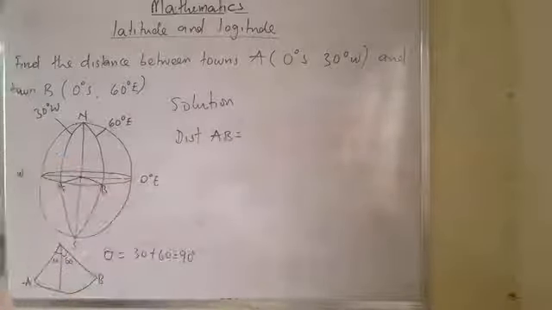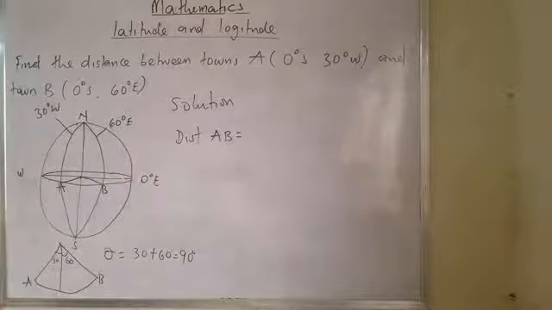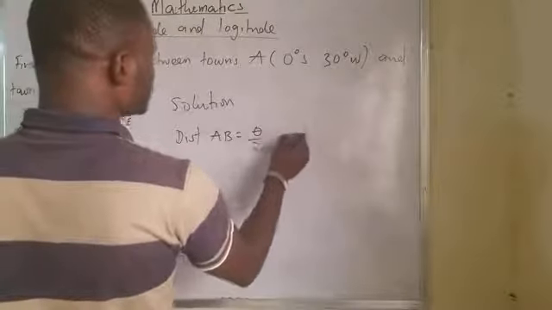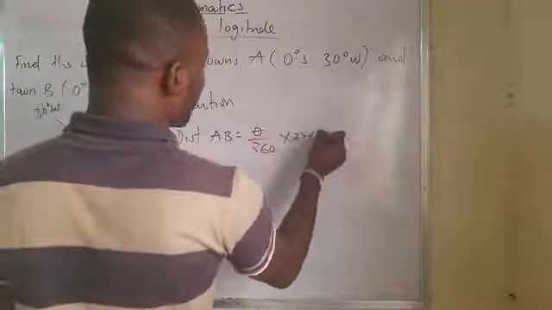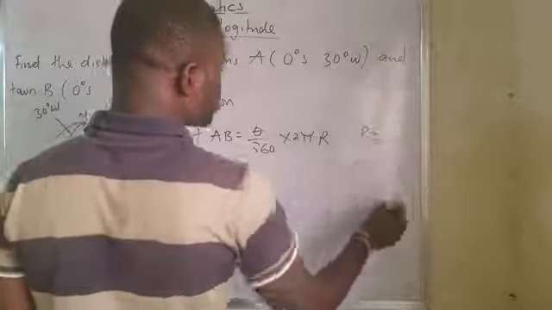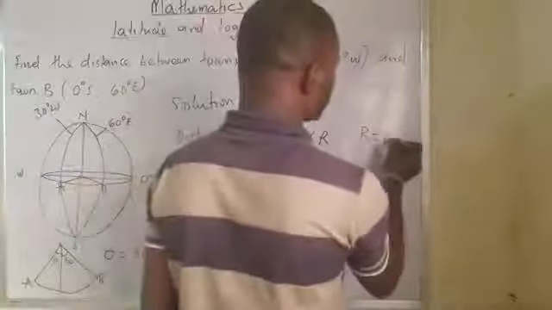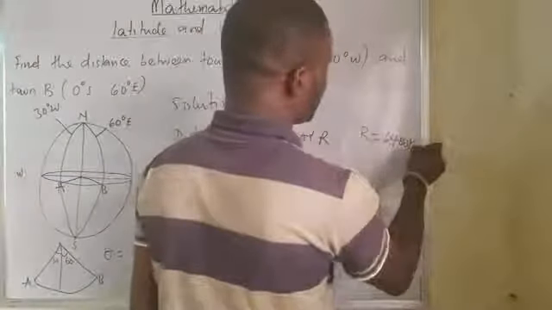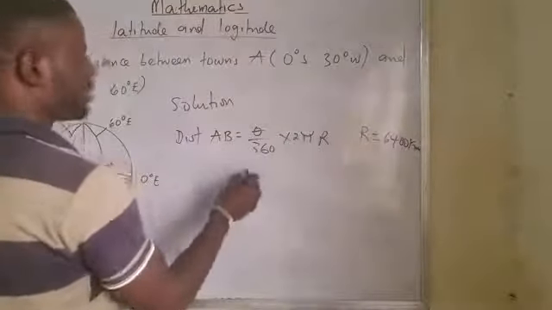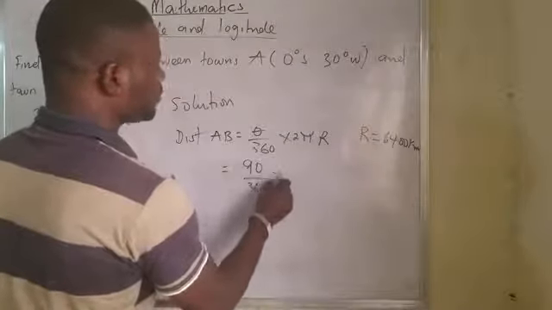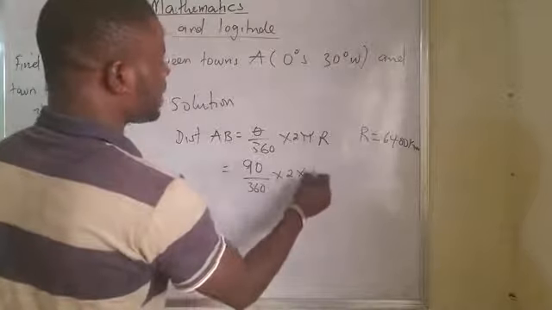Distance AB will be equal to theta over 360 multiplied by 2 pi big R. I've told you that my R is a constant value of 6,400 kilometers. Now it means I'll be talking about 90 divided by 360 multiplied by 2 multiplied by pi.